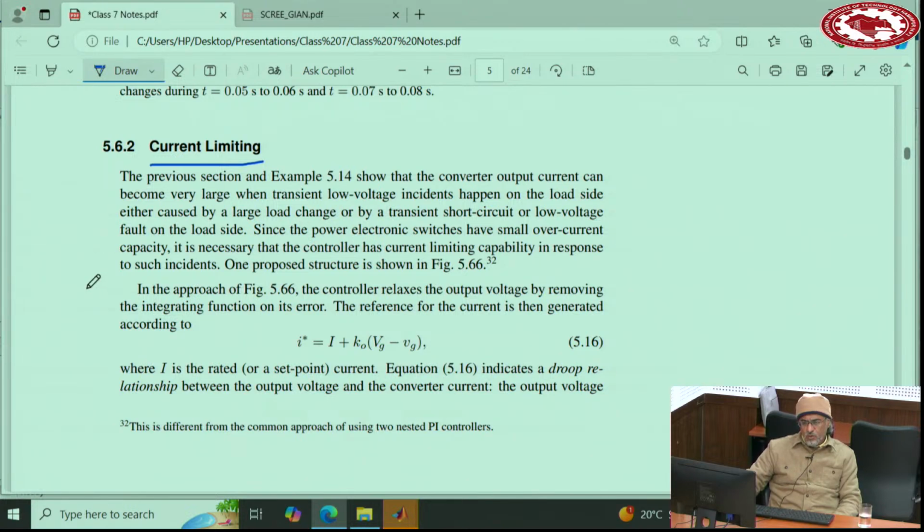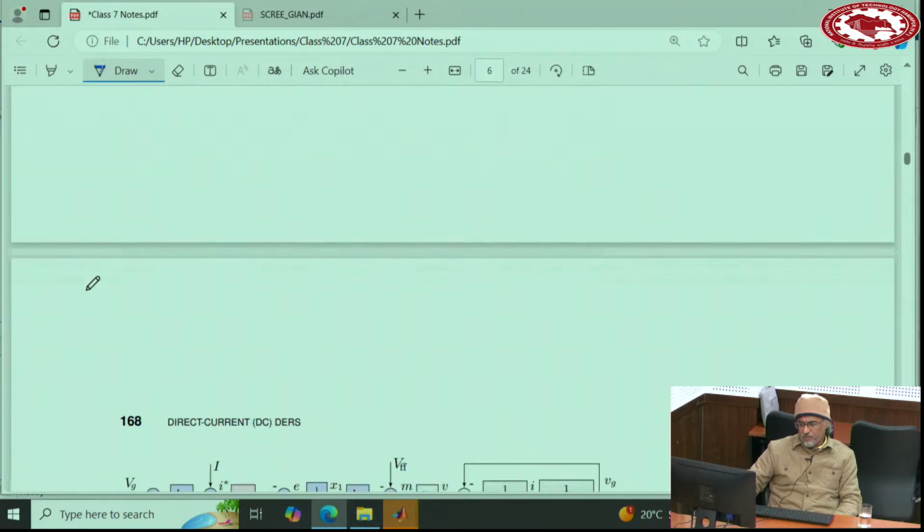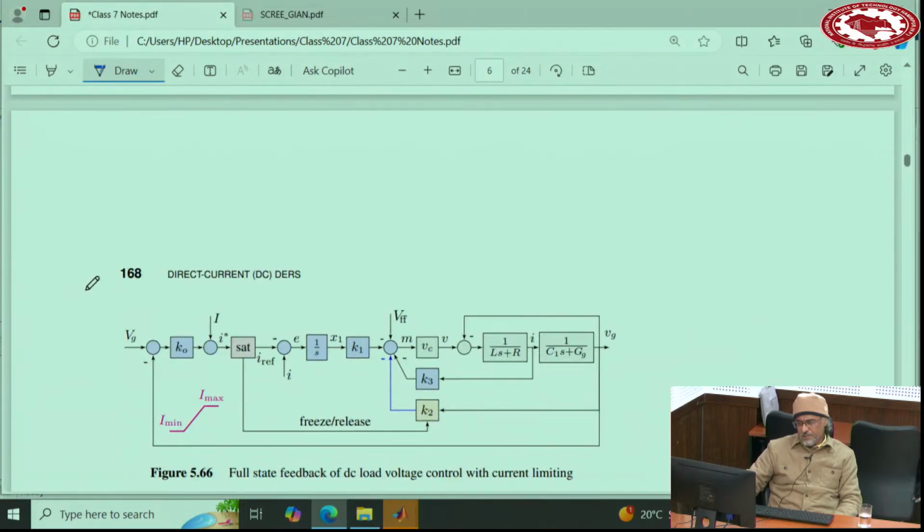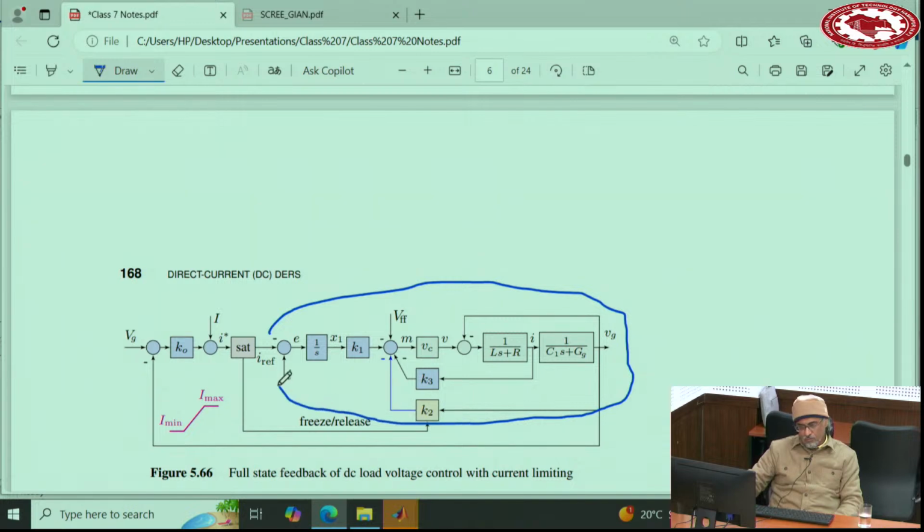Okay, so like we said, this approach has this problem. We need to fix that problem. The way to fix that problem is this. We actually establish a current loop, because whenever you want to limit the current, you have to have a current loop.